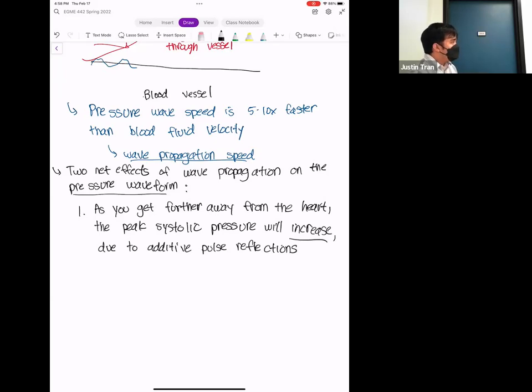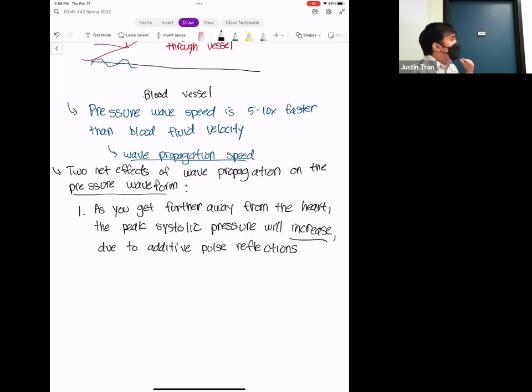Okay. You don't see this effect in theory, like we were talking about before. In theory, if you don't have any dissipation, then the waves will just keep reflecting back and forth, and so there should be no difference in effect at the end of the tree versus at the beginning. But there is some dissipation. There is some friction in the pressure waves where, eventually over time, if the waves travel along the wall enough, it will dissipate down to zero.